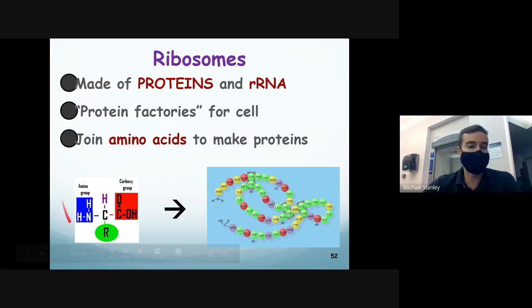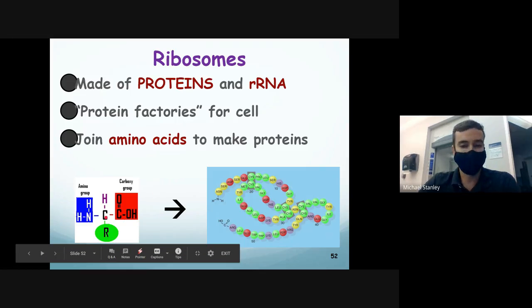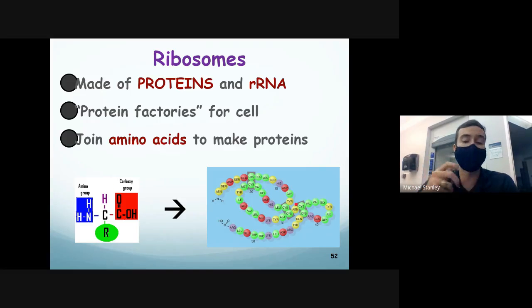So here is a basic amino acid over here. And a ribosome is going to take dozens or hundreds or thousands of these amino acids and put them together into this big chain and fold it up and turn it into a protein. If you ever take Bio B here at the Excel Center, you'll hear all about exactly how the information from the DNA gets to the ribosome and is turned into a protein from all these amino acids.